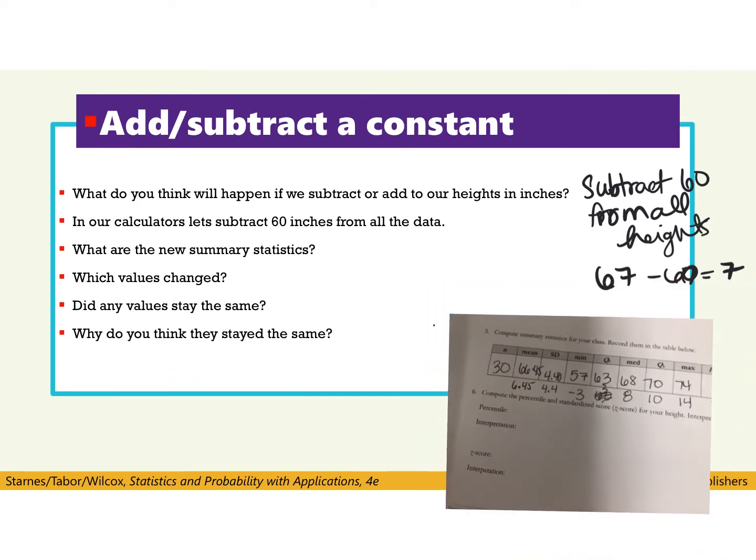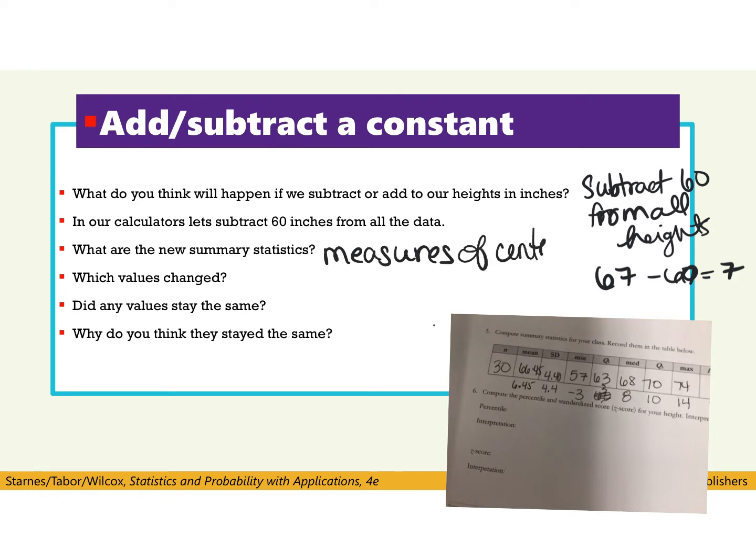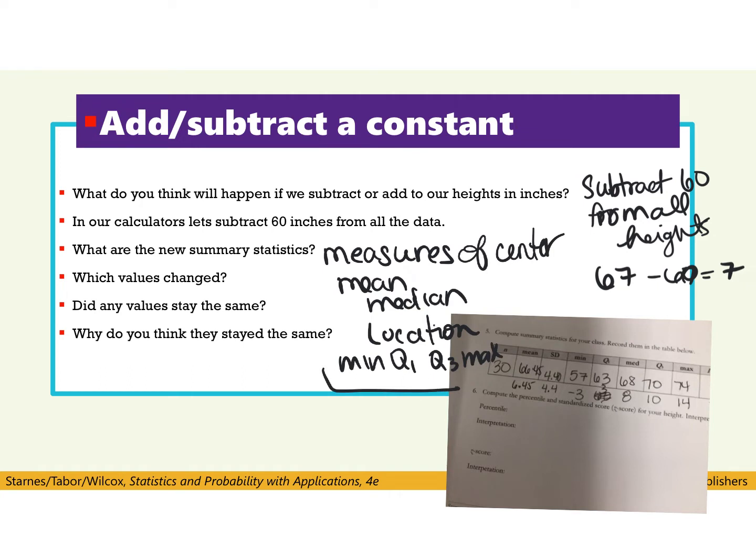So what we need to take away from this is that when we add or subtract to our data, the new summary statistics, measures of center, the mean and the median, and measures of location, the min, Q1, Q3, and the max, all changed by the constant, minus 60.